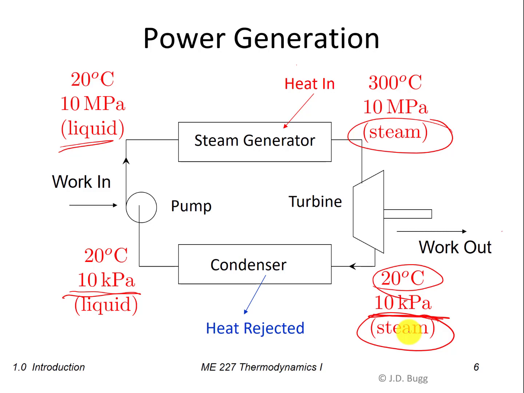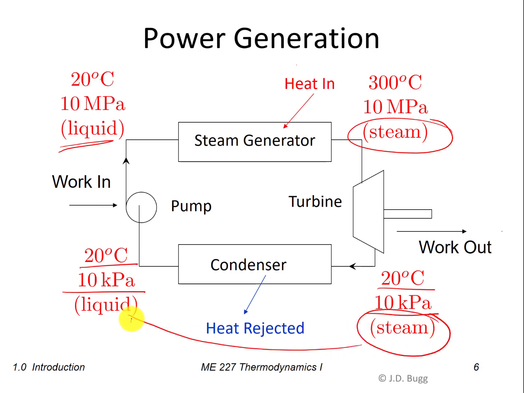So the very last process we have here is the condenser, and of course, that is a constant pressure process, 10 kPa to 10 kPa. And notice that the temperature doesn't change either, 20 degrees C in, 20 degrees C out. However, in the condenser, it's converted from steam to liquid. So there's quite a bit of energy that has to be removed in order to do that.